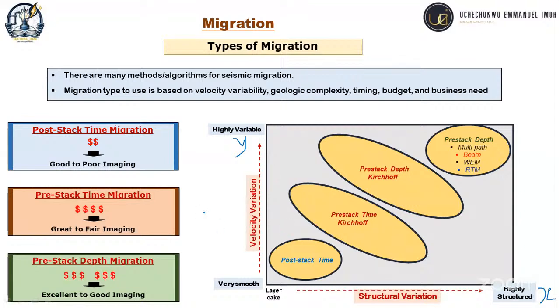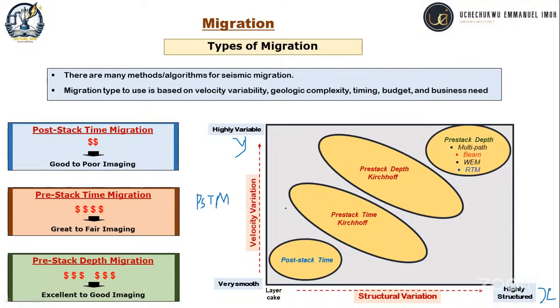pre-stack. So in the Niger Delta, what we do is PSTM, pre-stack time migration, meaning before you stack the data, after you finish your velocity analysis, you now do a migration on your common reflection point, CRP gathers. So you now do what we call a Kirchhoff migration on your seismic data.